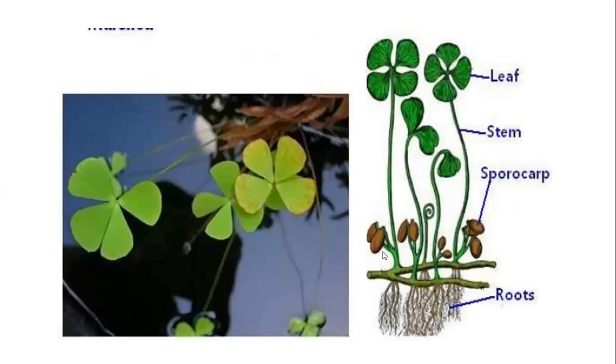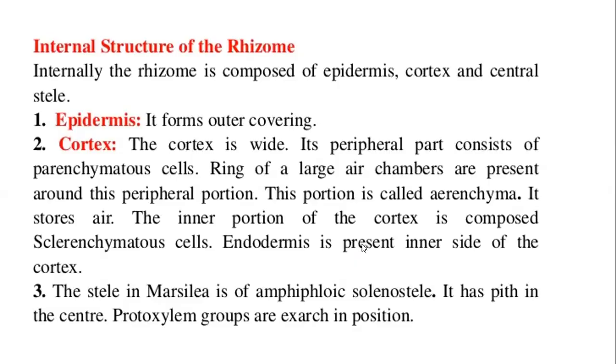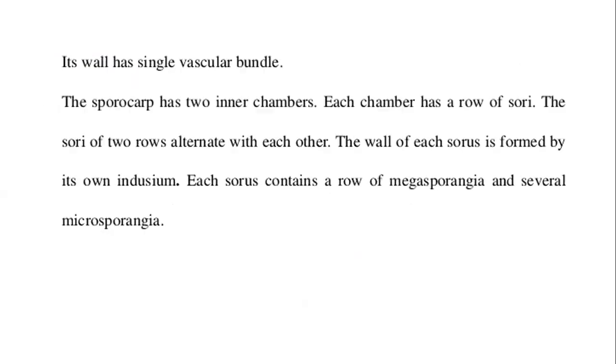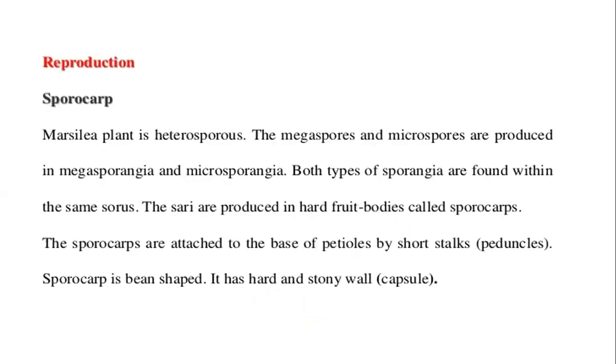These sporocarps have a stalk, which is called the peduncle, and they are developed at the base of the petiole. So the wall of this sporocarp is a very hard and stony wall.